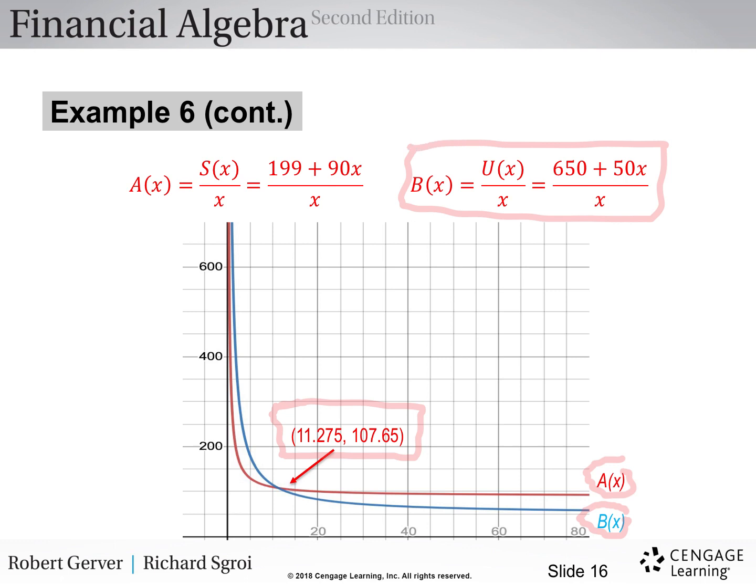Because notice the blue line is falling below the red line. Anytime before that, however, before this 11.275, anytime before that, the subsidized version is going to cost less.